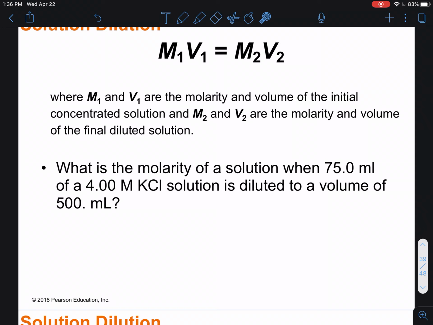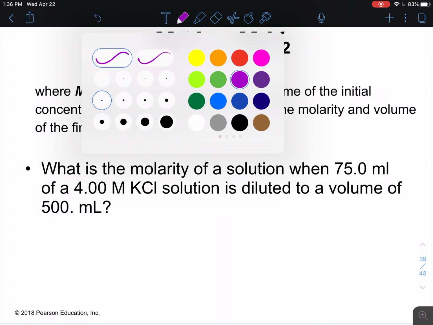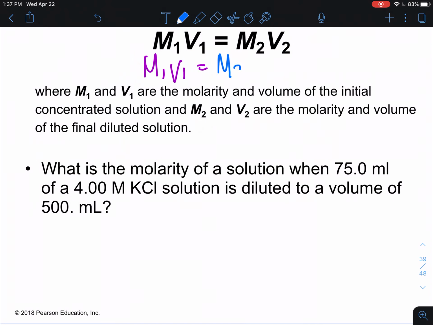So again, I'm going to make my M1 V1 in purple. I'm going to make my M2 V2 in blue. And I'm going to make sure that you understand where the variables fall.